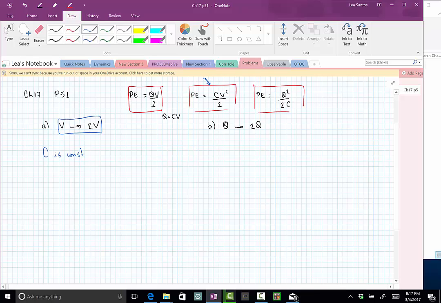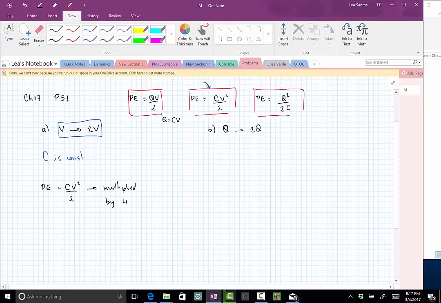C is constant, and just the potential difference is the one that changes. So if I use this equation, CV squared divided by 2, C is constant, V is twice as big now, and 2 squared gives me multiplied now by 4.